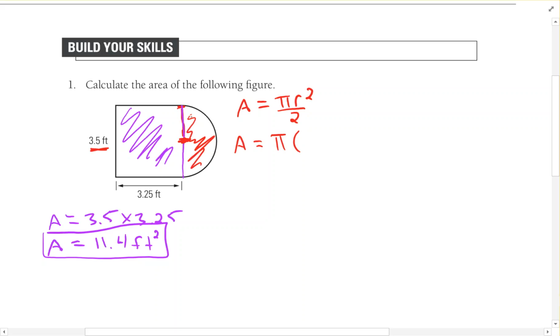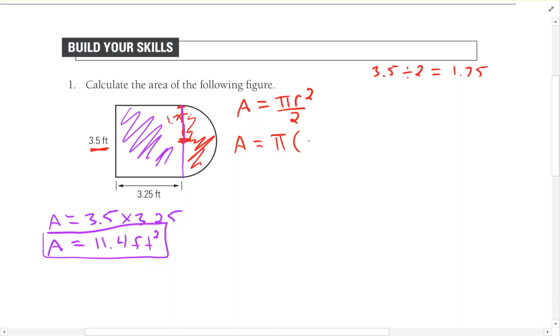That's the height of the whole thing. That'd be the diameter of our circle. So the radius is just half of that. So 3.5 divided by 2 is 1.75. So that's what our radius is, right? This is 1.75 from there to there.